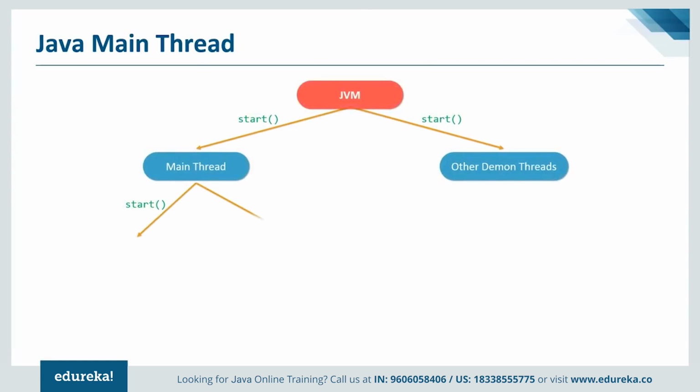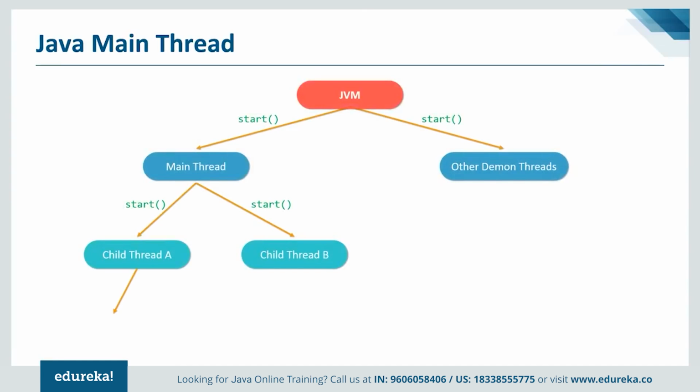Guys, let's see how the Java main thread works now. Typically the JVM is going to start the main thread and some other daemon threads at the same time, right? When you run your application, the main thread and the daemon threads are started by the JVM. Your main thread can further start multiple child threads, for example child thread A and child thread B, and those threads can further start other threads.